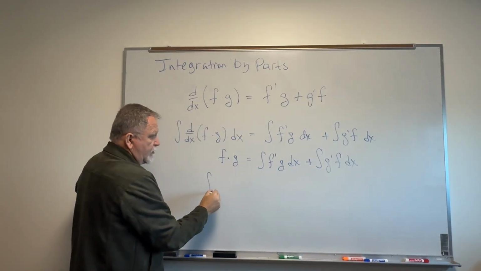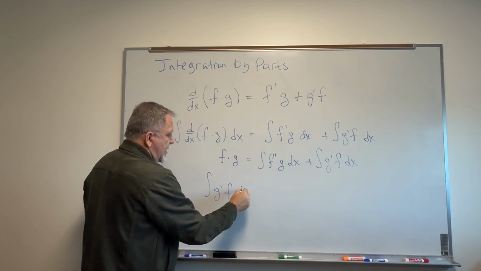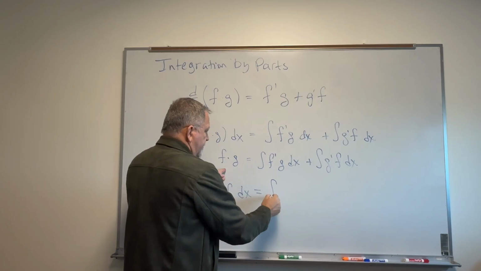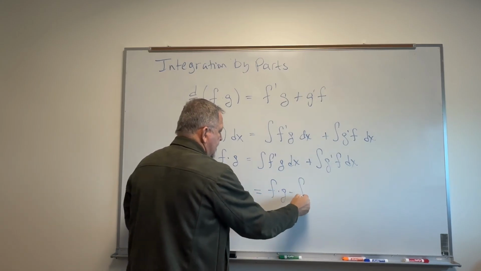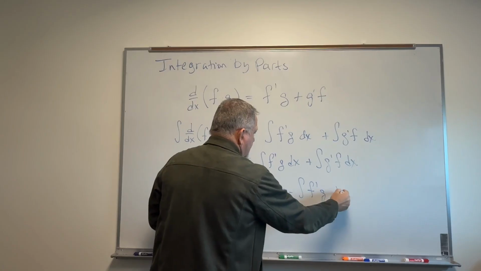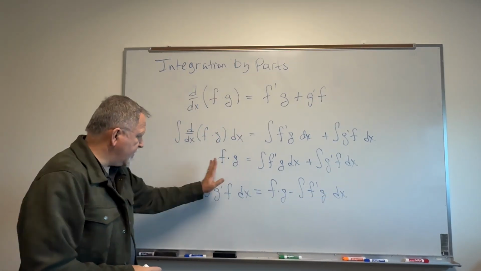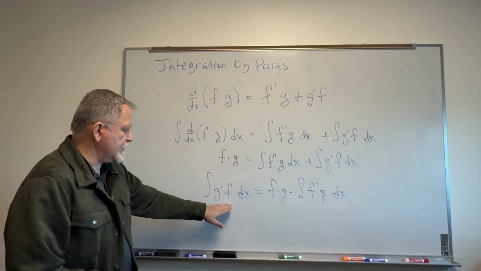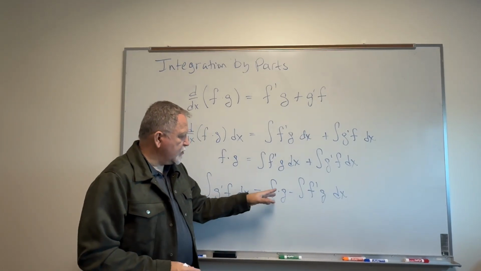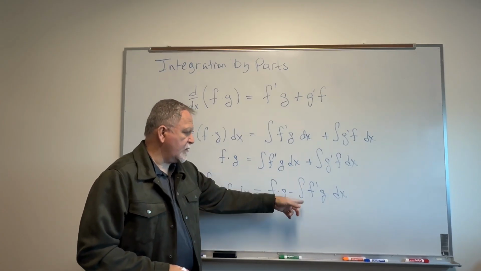So the integral of g prime of f dx is the same as f times g minus the integral of f prime g dx. So if I want to calculate this integral, the integral of g prime times f dx, I can do it by multiplying the two functions together and then subtracting the integral of f prime of g dx.